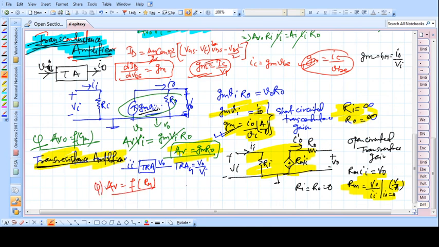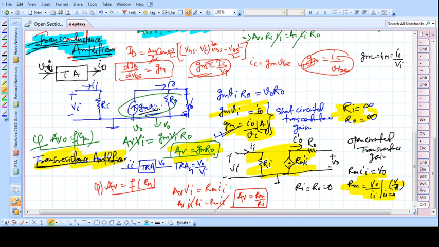Av into Vi is nothing but simply Rm into Ii, and this Vi should be Ii into Ri. So this Ii is cancelled. So Av equals Rm by Ri. So this is the other relationship.